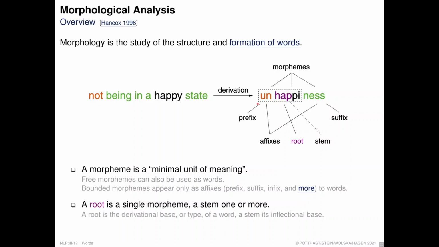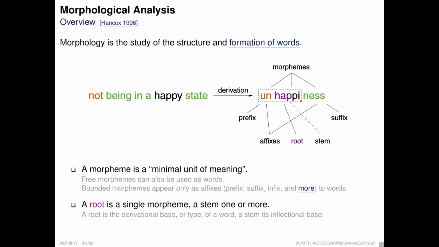The stem is everything that can be further decomposed except those morphemes that account for inflection or grammatical functions. So the stem here is marked in this dotted rectangle.